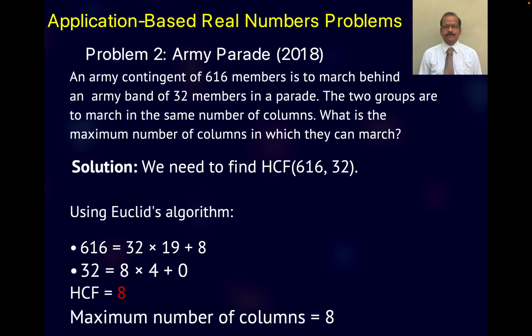You need to take the HCF, the highest common factor, of both, which comes to 8. The maximum number of columns is 8. That means we have 4 rows of the army band and 77 rows of the army contingent.